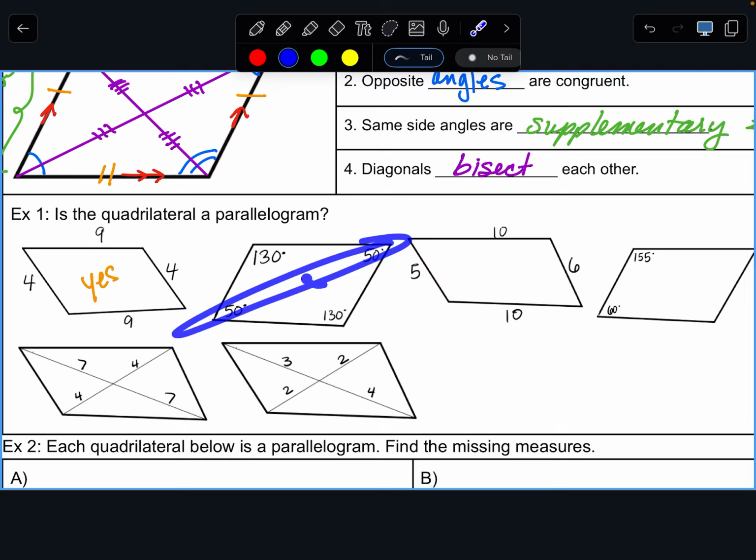These are opposite and these are opposite and they're the same. So this is a yes. When we look at the third one, the 10s are good, but the 5 and the 6 are not. Both sets have to be congruent. So this is a no.